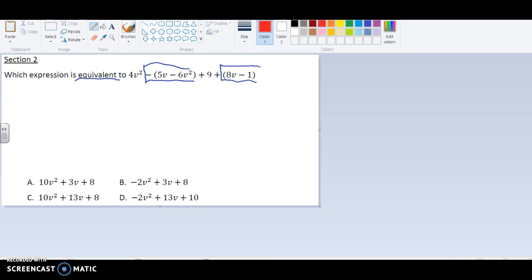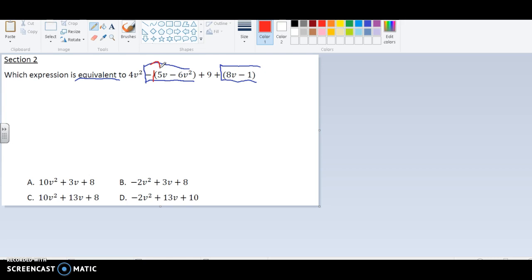So we're going to take that, and really, guys, this means there's a negative 1. Remember, there's always an implied 1. So we're going to distribute a negative 1 to the other terms in the parentheses. So here, I'll have negative 1 times 5, because parentheses mean to multiply.